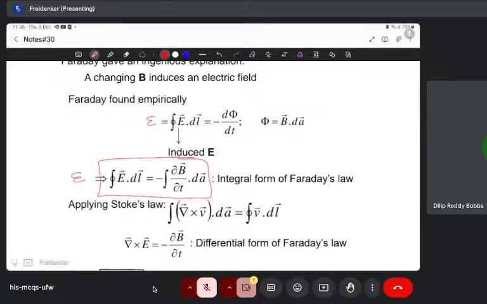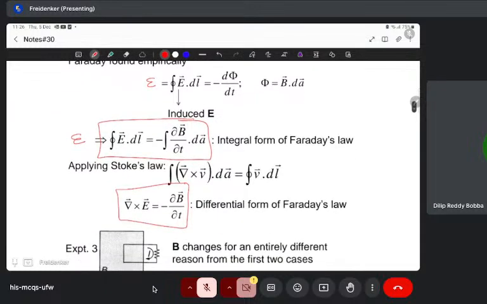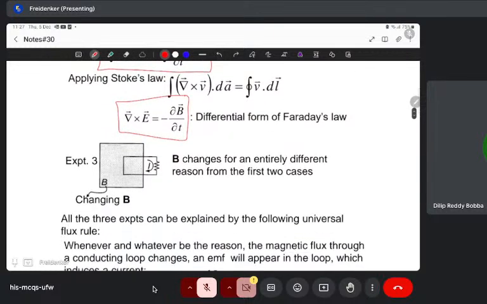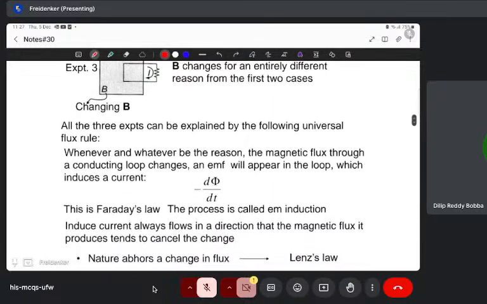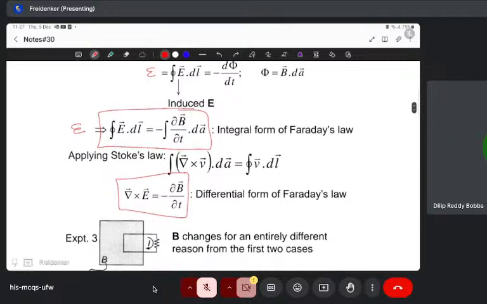This is the integral form, and then you have the differential form. So what does this mean? If magnetic field is changing, then you're inducing an electric field. So that is where the electric field came from. So two formulae, one is integral form and the other is differential form.